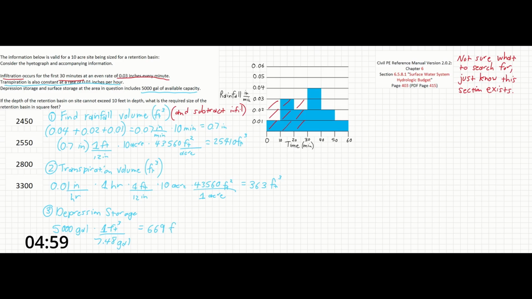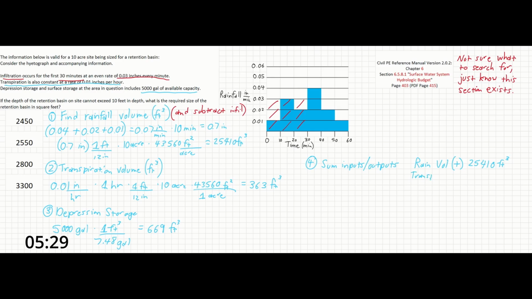Now that we've accounted for all of our gains and losses at the site, all we have to do is sum them up. So our rainfall volume is going to be a positive number. And all of these values are in cubic feet.